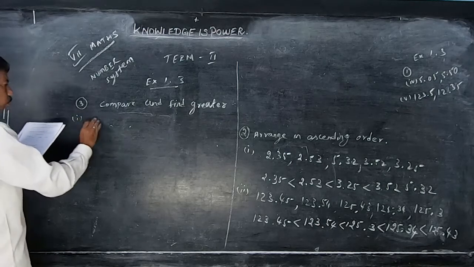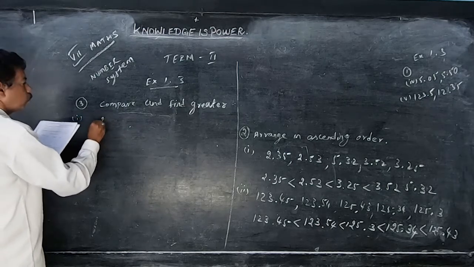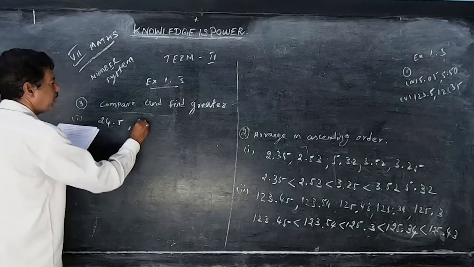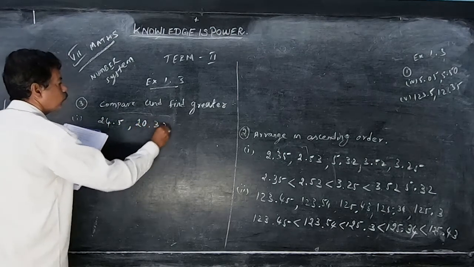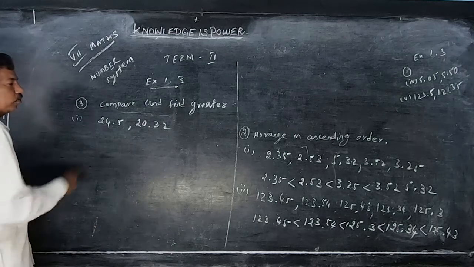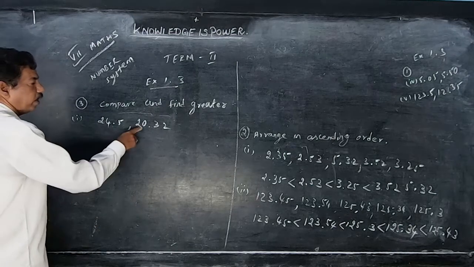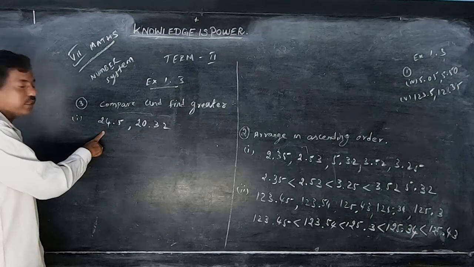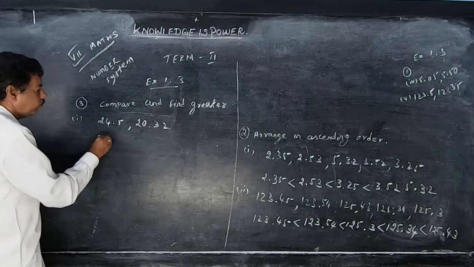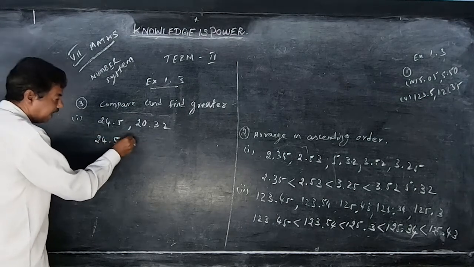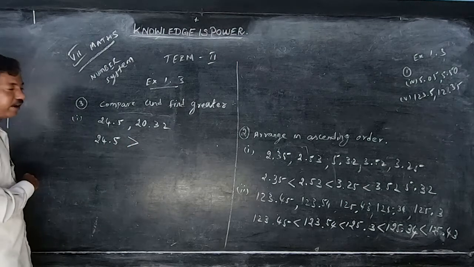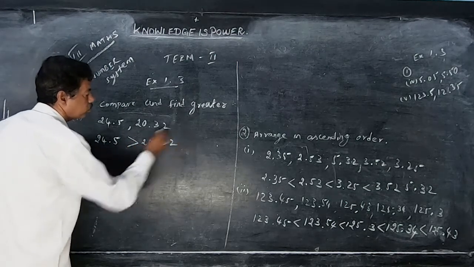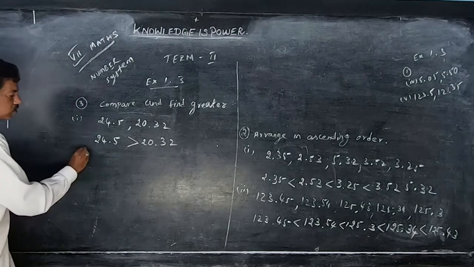Question number 1, Roman letter 1: 24.5 and 20.32. Normally we know whether 24 is greater or 20 is greater. 24 is greater. So 24.5 is greater.